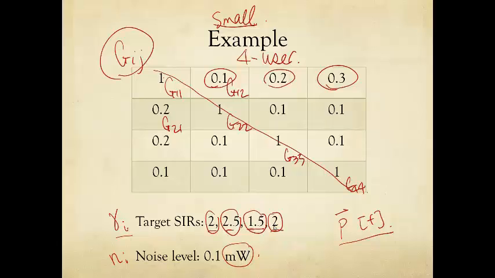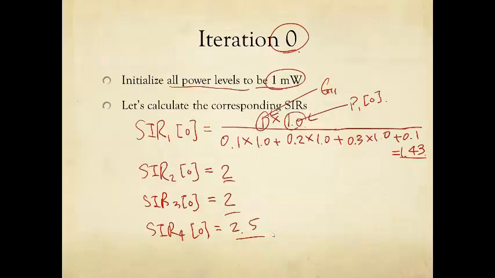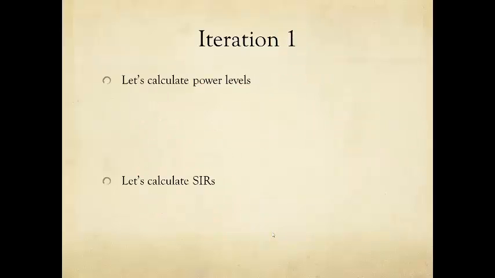So what would you expect? Intuitively and mathematically, you expect that at the next time iteration, number 1, the first and second users' transmit power should go up, and the third and fourth users' transmit powers should go down. And that is exactly the kind of negative feedback that we will see.